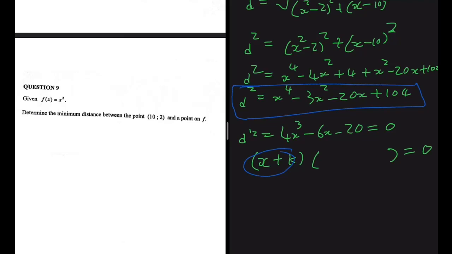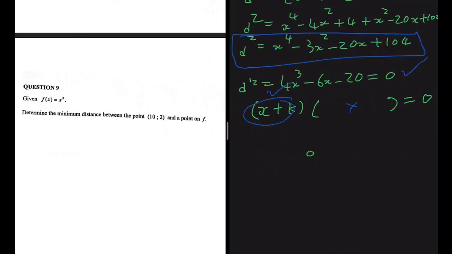After you solve this bracket here, it becomes easy to find this other bracket. So let's go ahead and try a few values and see which value, when we substitute in this equation, gives 0. Because if we substitute that value and we get 0, then we know that that value is a factor of this equation. So I'm going to try 0, 1, 2 and minus 1 and minus 2.